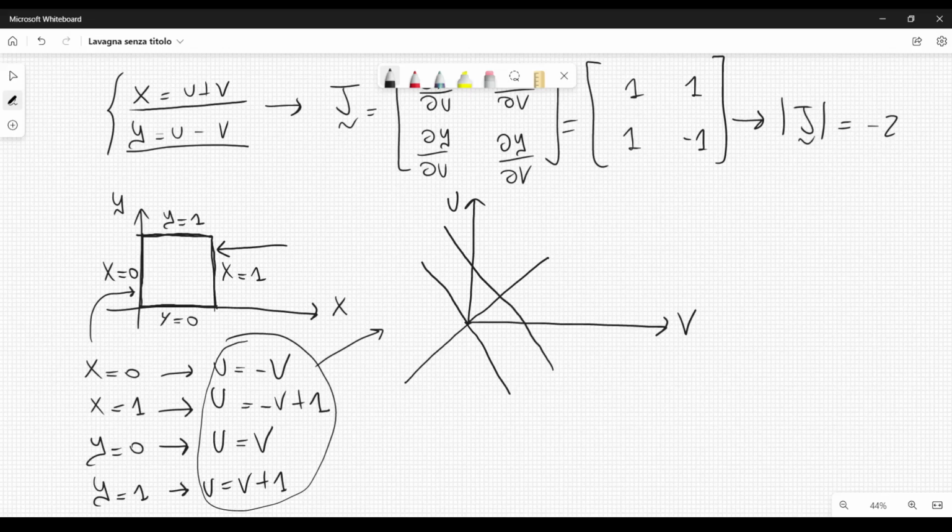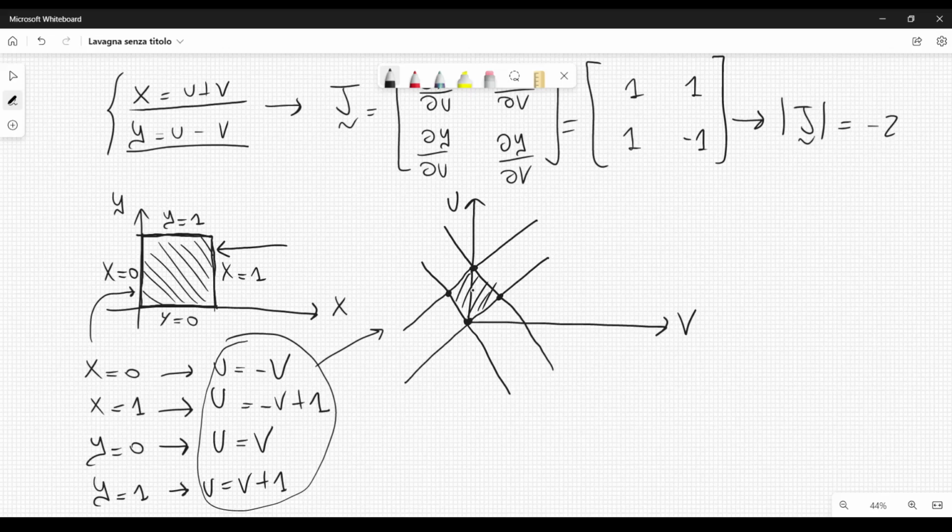And then we have the line u equal to v plus 1, which is something like this. Now there are 4 points where these lines intersect, and the area enclosed by these lines is how the area enclosed by the square transforms on the UV plane.